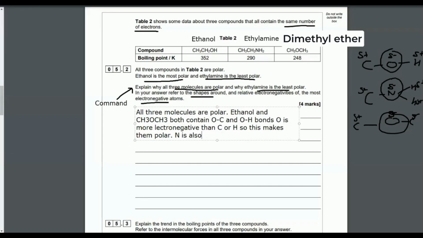Nitrogen is also electronegative, more than C or H, and so ethylamine is also polar.